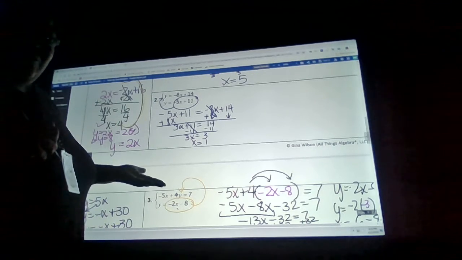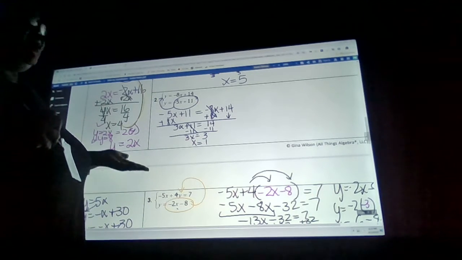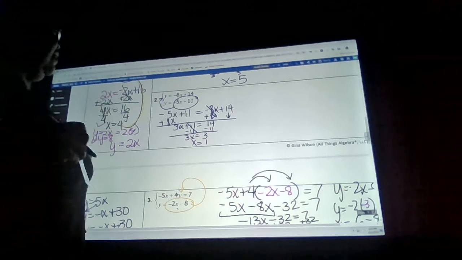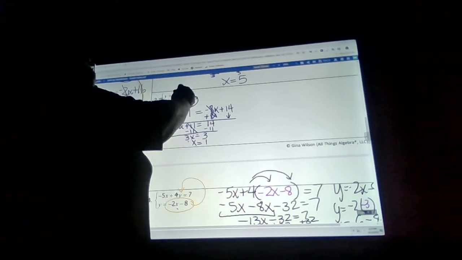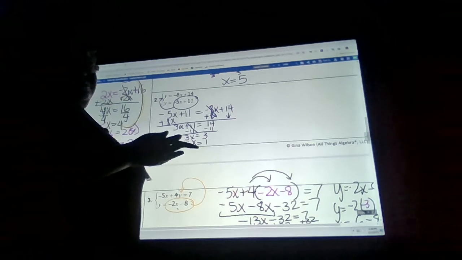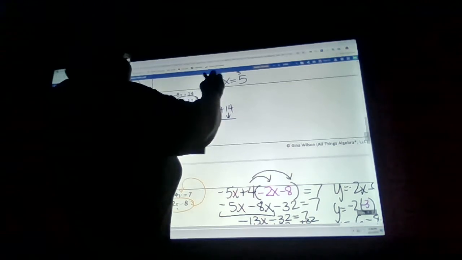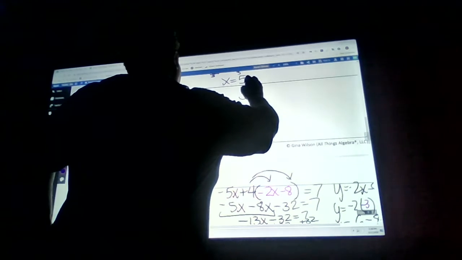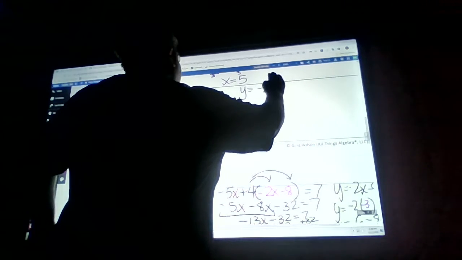Now I need to find y because remember, my solution is going to be an ordered pair. So I'm going to take this x equals 1 and I can substitute it into either equation. Both of them look equally as complicated, so I'm just going to do the second one. So this y equals minus 5x plus 11.